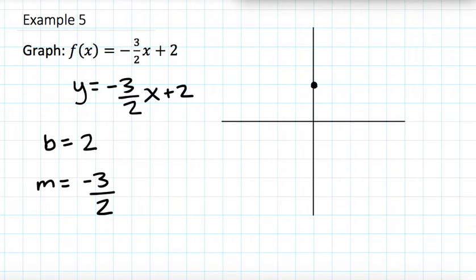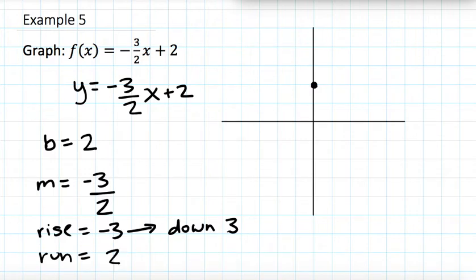But what this is telling me is that my rise is going to be negative 3. Now if the rise is a negative number, that means that instead of counting up, I'm counting down. So I'm going down 3, and my run is 2, so I'm counting to the right 2.